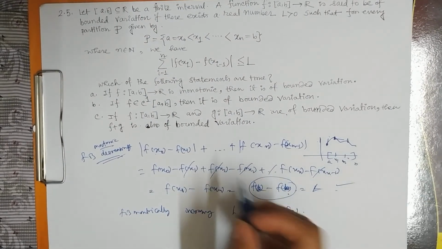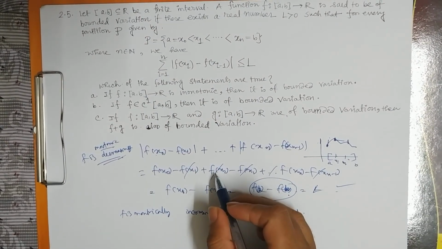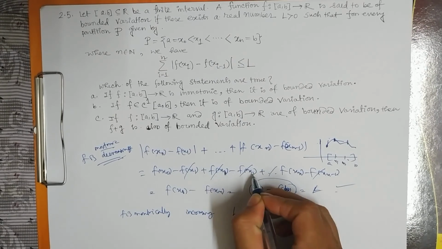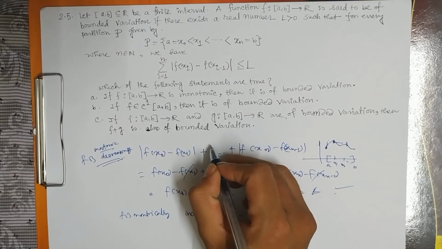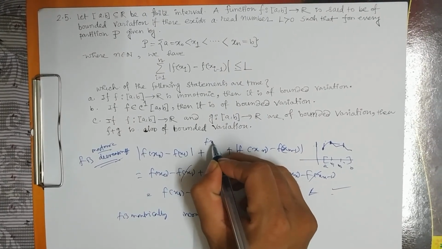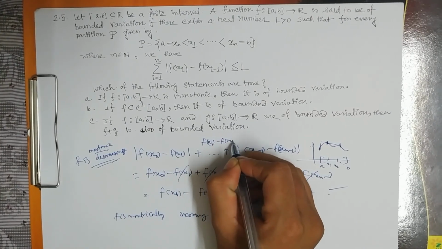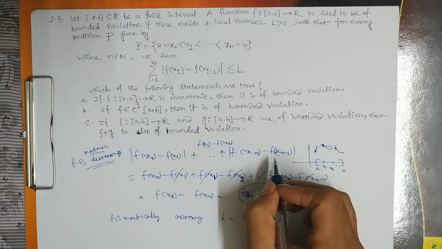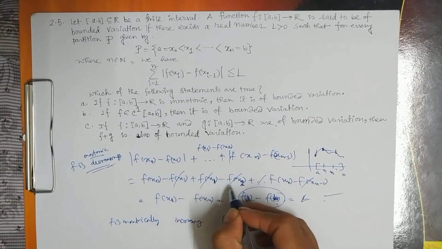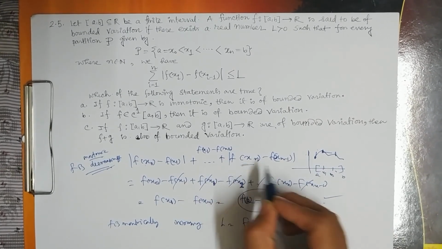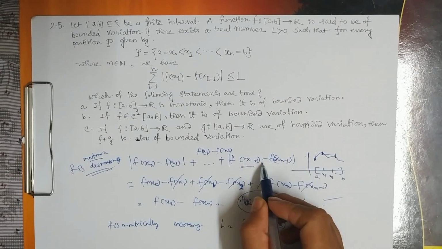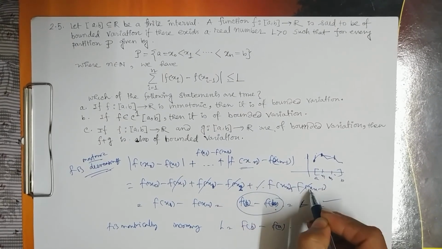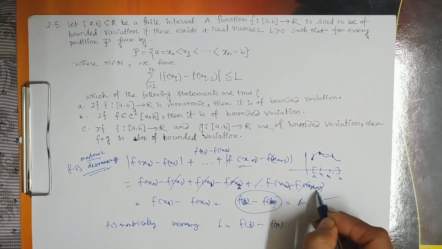I think here it should be f(x1) minus f(x2), and the last term will be f(xn minus 1) minus f(xn).